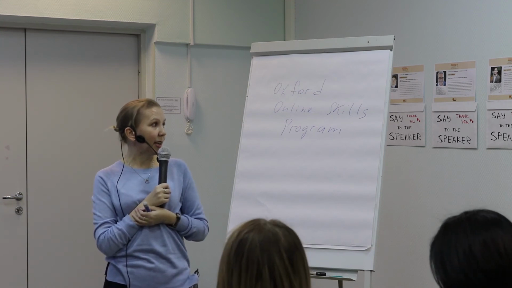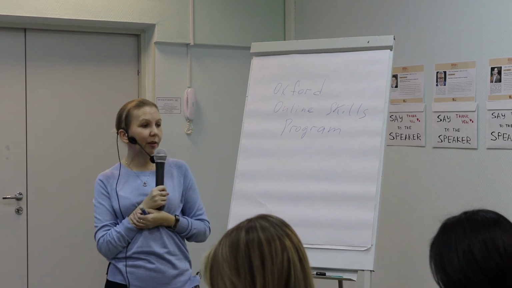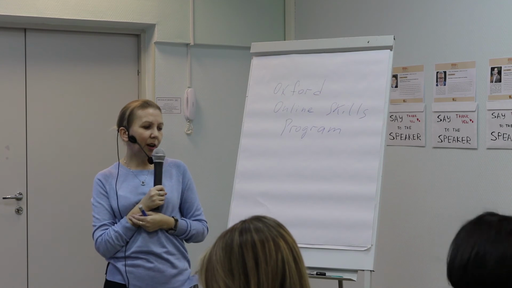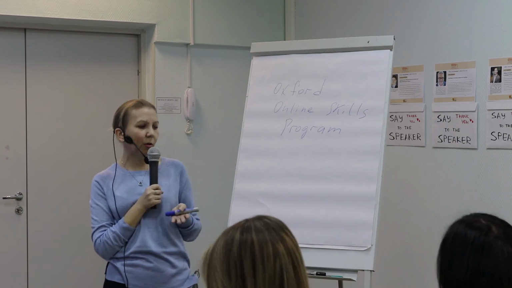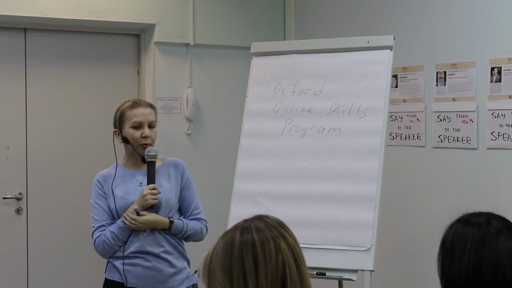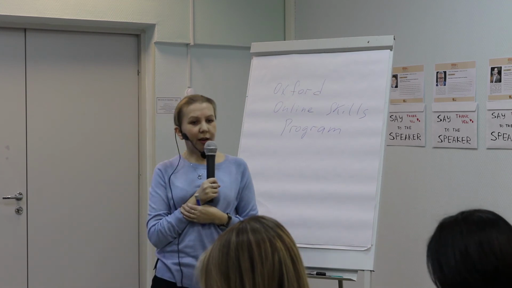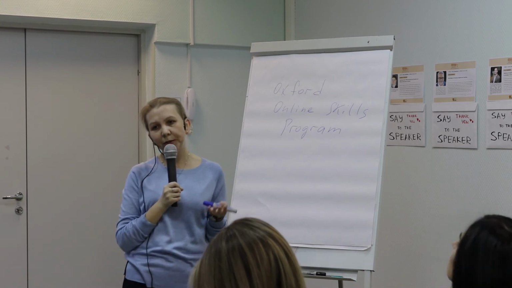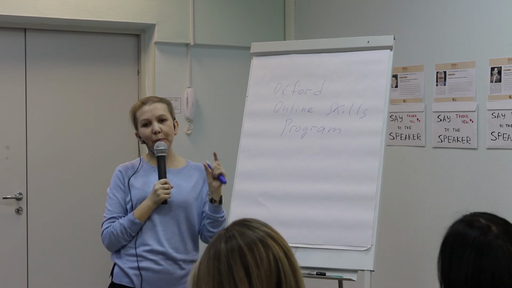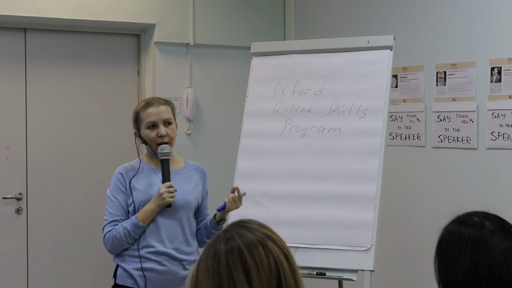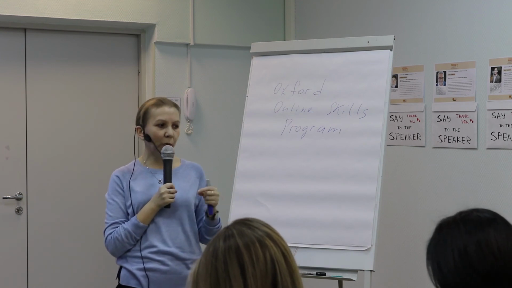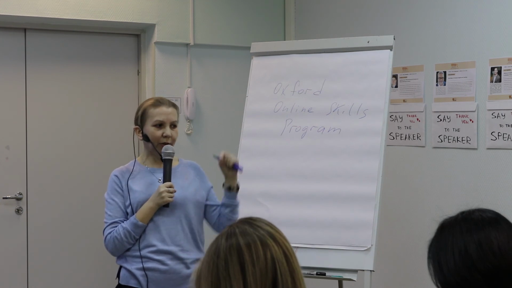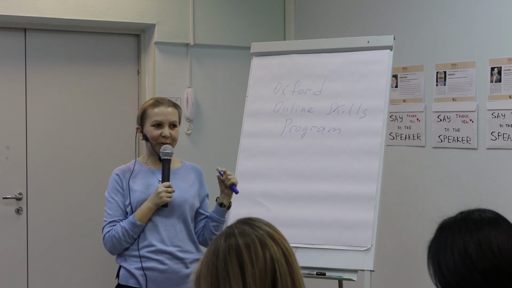And one more thing is a pronunciation app. You can also see details about it on the Oxford University Press website, oup.elt.com. This app enables students to compare the way they have pronounced a phrase with the correct model, and they see all the differences, all the imperfections.